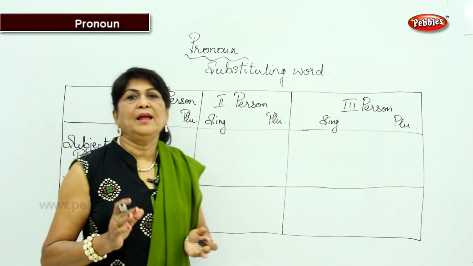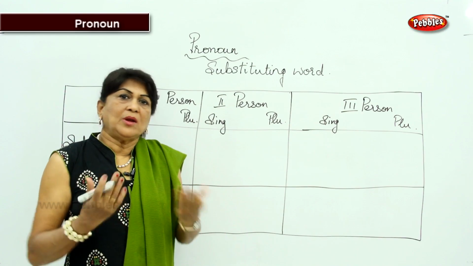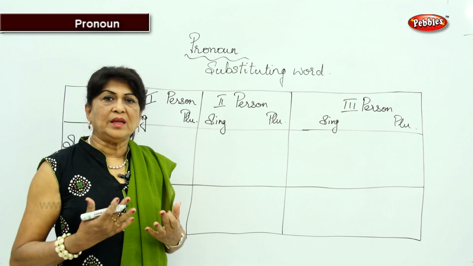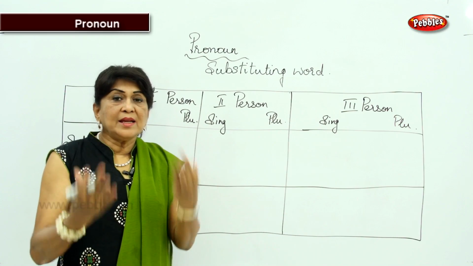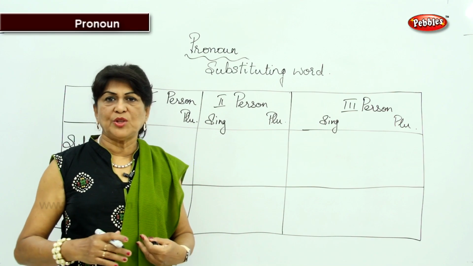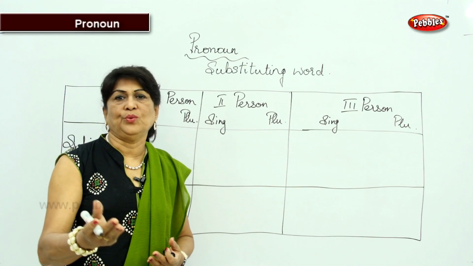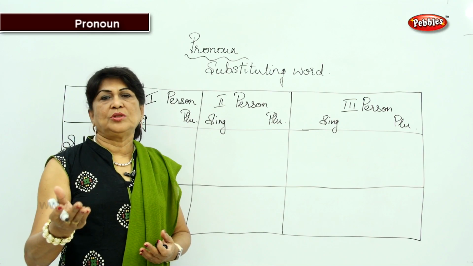A first person pronoun is something we speak about ourselves, like I, we. Second person is something that we talk about somebody directly in front of you. You students, you children.